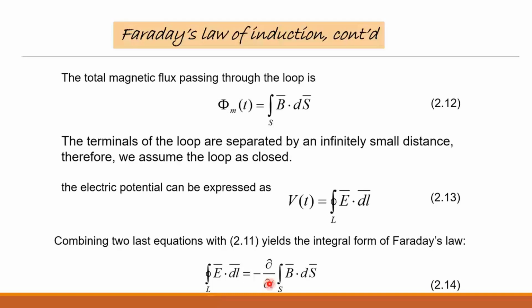If we combine these equations with equation 2.11, it yields the integral form of Faraday's law. The previous equation was d phi m by dt, and in 2.13, E dl is equal to Vt, and Vt is equal to minus d phi m by dt. I have kept d by dt outside the integration, and the minus sign is there.